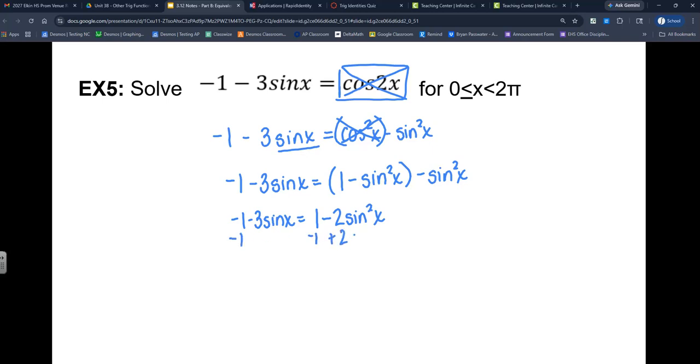I'm going to add the 2 sine squared x. I chose to go to the right side because I don't like for my squared term to be negative. There, so this is going to be 2 sine squared x. I'm going to put the minus 3 sine x first and then the minus 2 equals 0.